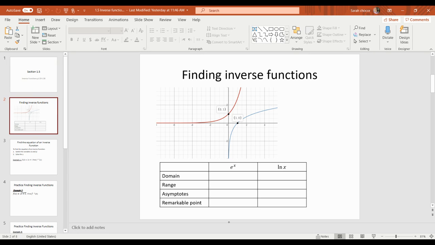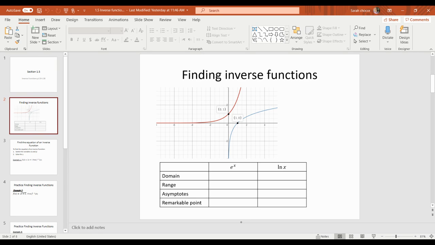So first of all, to start with, we're going to talk about the domain of an exponential function. The exponential function is the one in red. If you can recognize that, when talking about inverse functions, the best example again would be exponential and log. So the domain of an exponential function would be negative infinity to infinity.